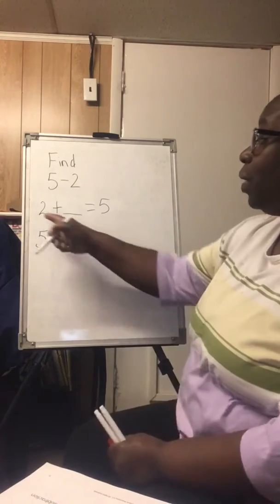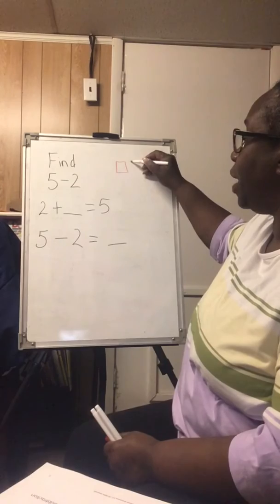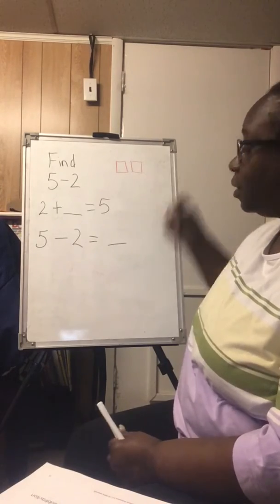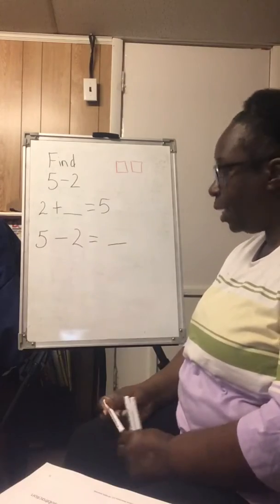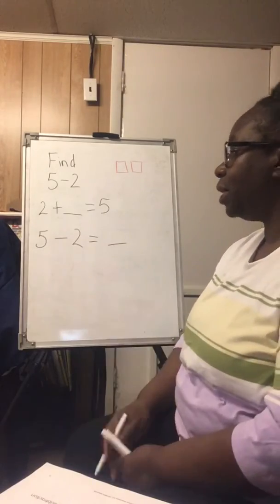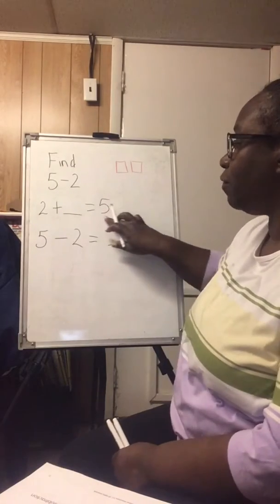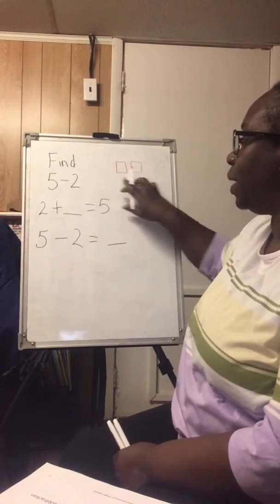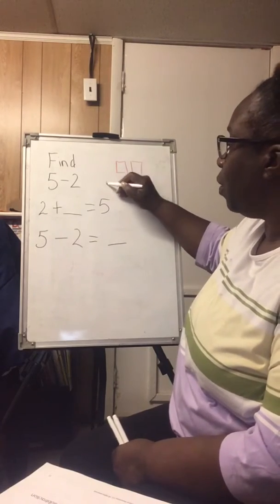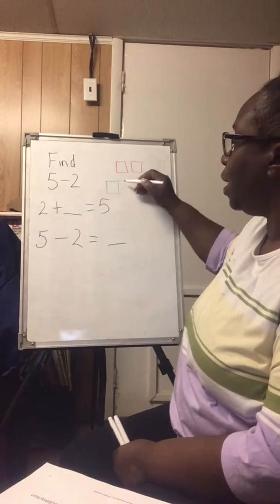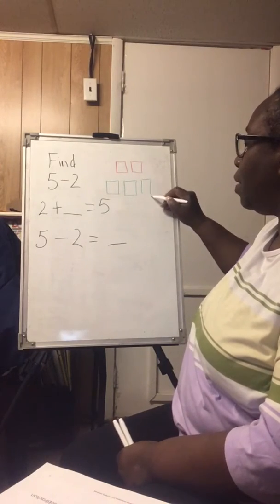So we know we have 2. So we're going to make 2 red blocks, because we're starting out with 2. And then we're going to add on. We know we have 2, but we want to get up to 5. So how many more do I have to make to equal 5? So we have 1, 2, 3, 4, 5.